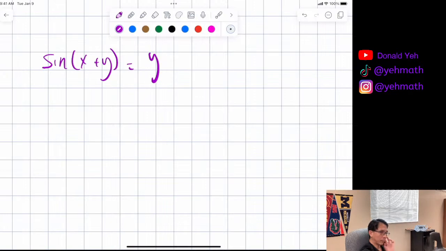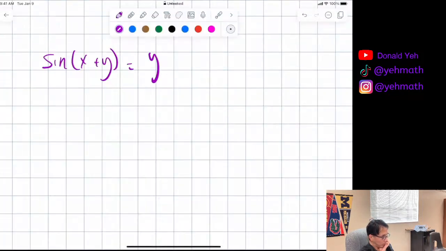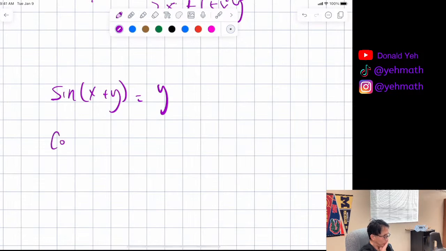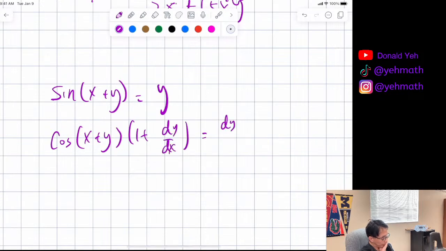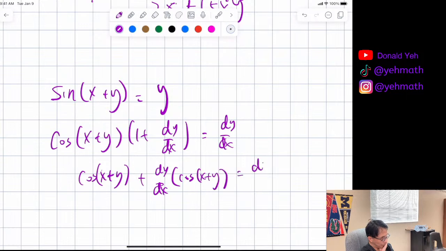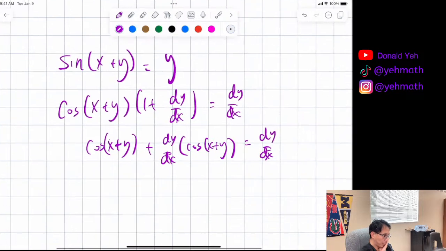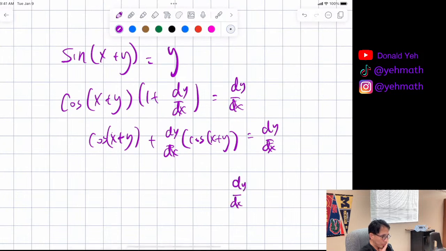You guys got it? Cosine over negative cosine.